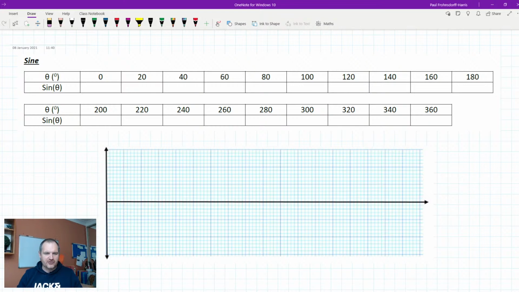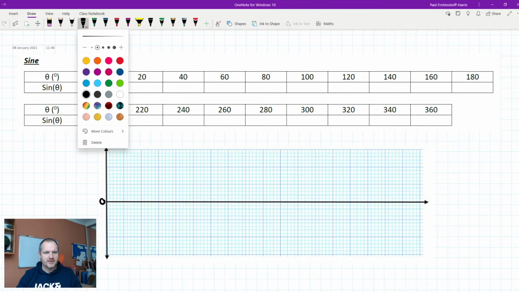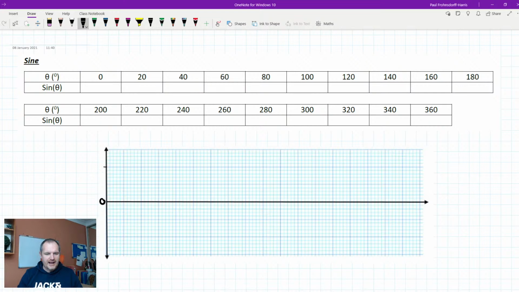But the weird thing is, we're going to be drawing it between 1 and minus 1, and you'll see why shortly. And we're going to draw it every 20: 20, 40, 60, and this goes all the way along, 80, 100, 120, 140, 160, 180.